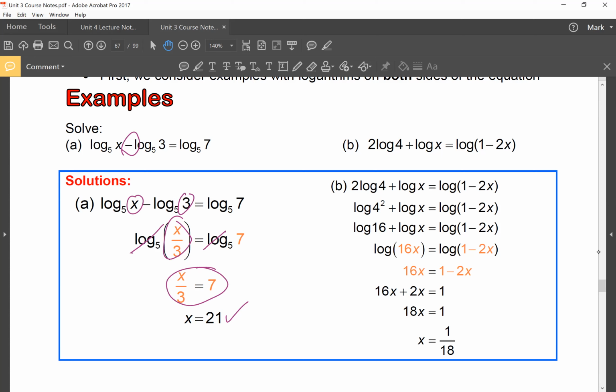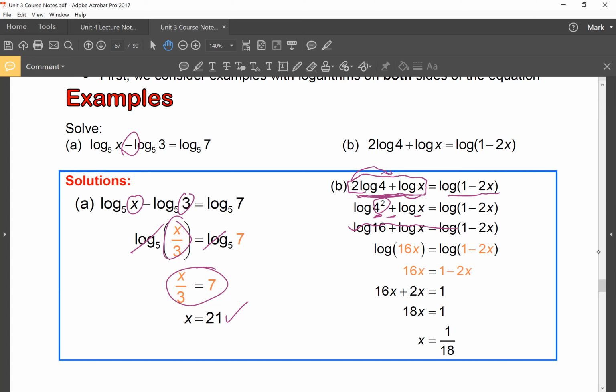So if you look at question B, same thing. I have 2 log 4 plus log x equals log of 1 minus 2x. So what I'm going to do first is simplify the logarithms if I can. On the left, I can move the 2 over, so it becomes 4 squared, and then it's 4 squared plus x, so that becomes multiplied.